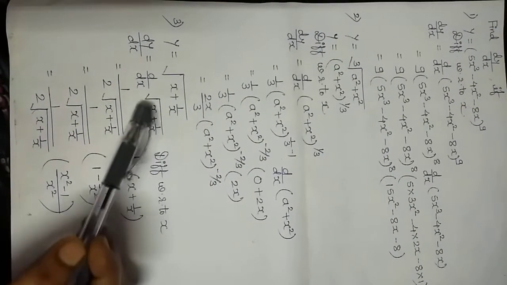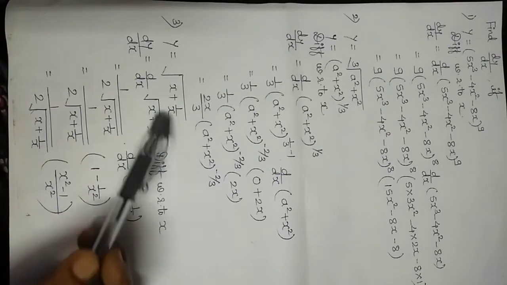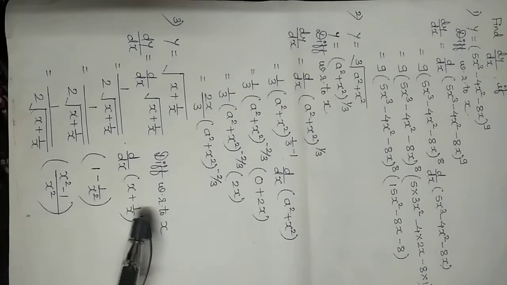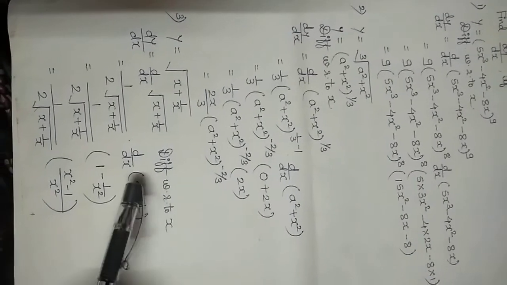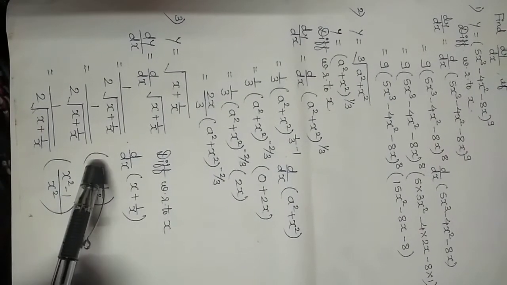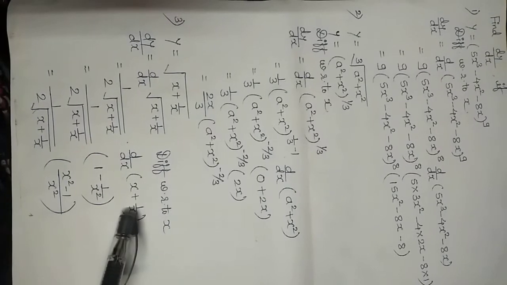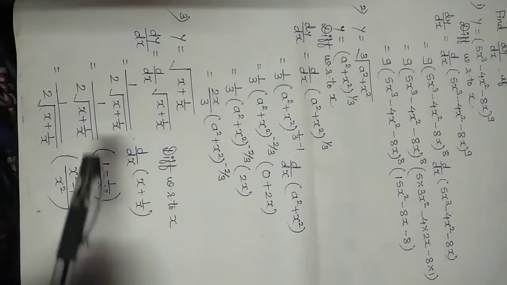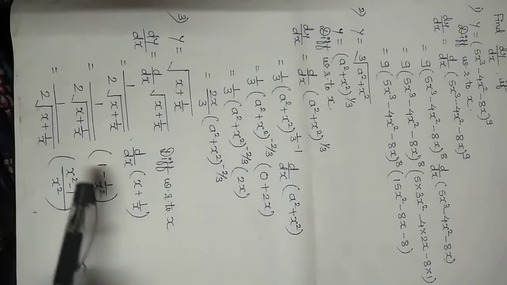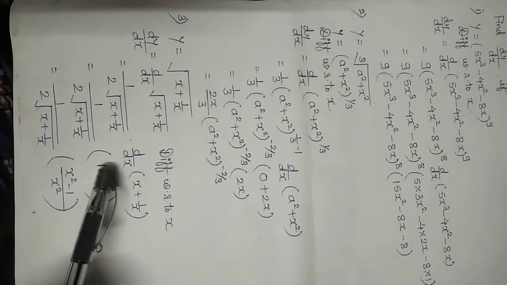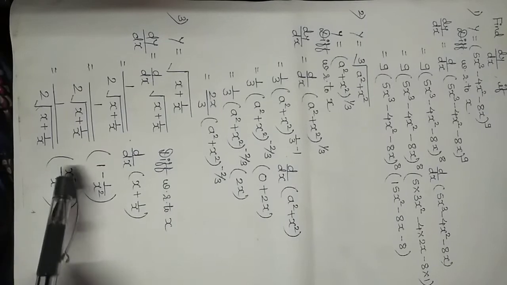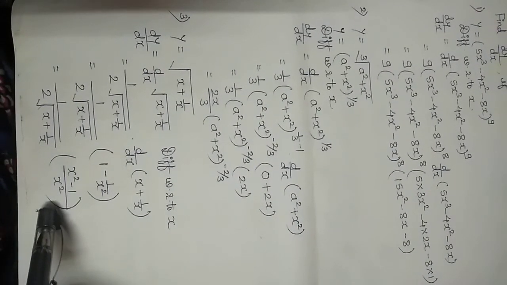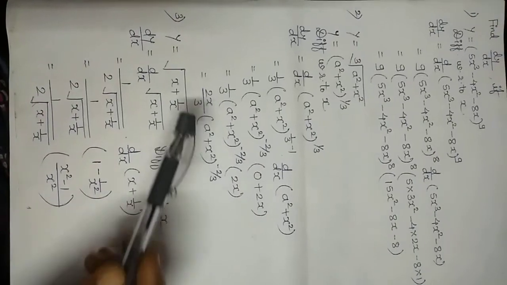This entire term given inside the root, we are considering as x, so again derivative of that term. Derivative of x is 1 and derivative of 1 upon x, we know the formula, is minus 1 upon x square. So the first term will be as it is. After doing the cross multiplication we will get x square minus 1 upon x square. So this is nothing but the derivative of the given term.